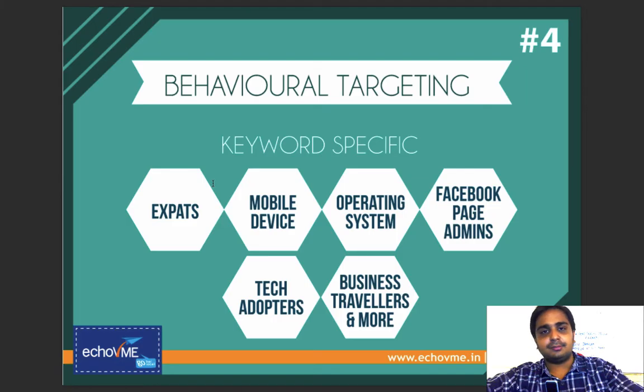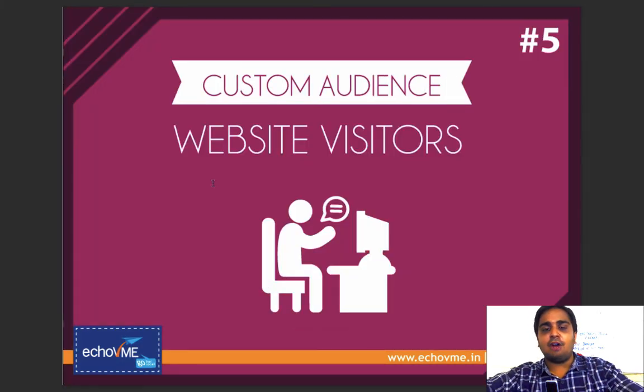The fifth way of targeting people on Facebook is custom audience targeting. Remember one thing. There are opportunities that Facebook throws at you, which I will be teaching you through my lessons, where you can target people who are visiting your website. There's nothing like retargeting people.